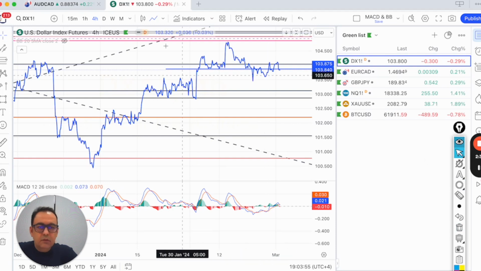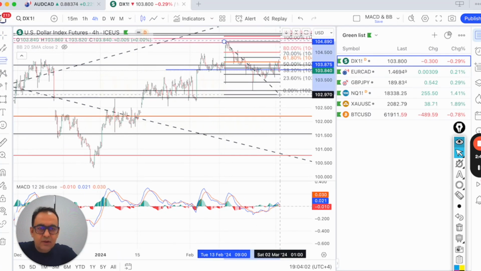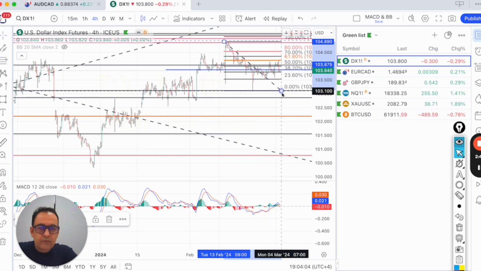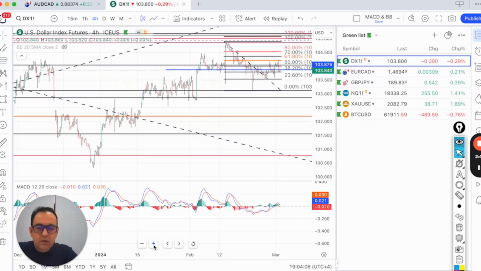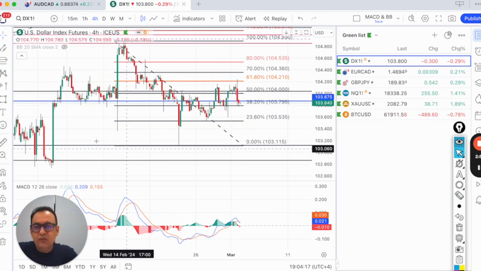For that we need to go to our candles chart, and I'll apply Fib starting from the recent high to the recent low. And dollar moved back precisely to 61.8 and got the bearish rejection. So currently dollar is looking weak and it is expected to move downwards.